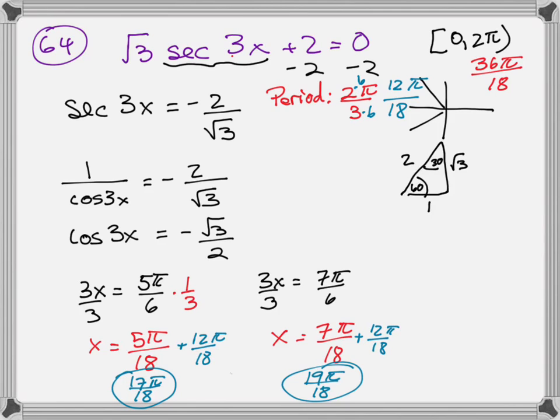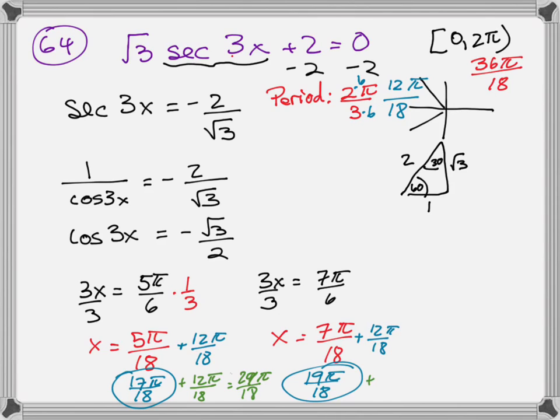We still haven't gotten near 36 pi over 18, so now we're going to do it again. We're going to add 12 pi over 18 to the 17 pi over 18, which is 29 pi over 18.